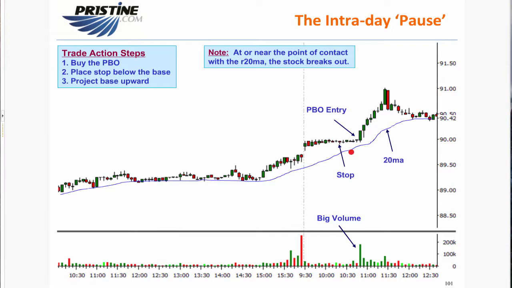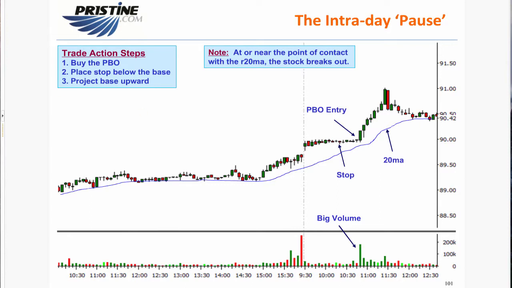If you wait for it to get to the 20 MA, then you're basically saying the 20 MA is what determines your entry. It's not. It's the breakout that determines your entry. Once we clear the top of the range, you enter. And you put your stop under the bottom of the base, manage it on up.